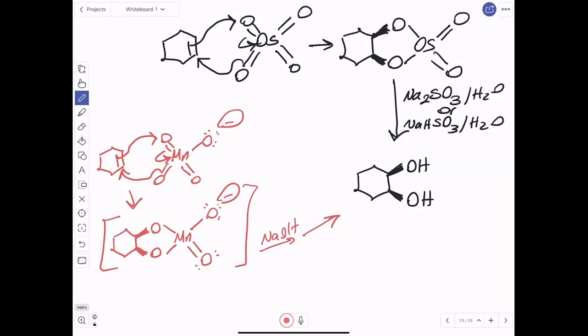So usually osmium tetroxide is better than permanganate. Question.